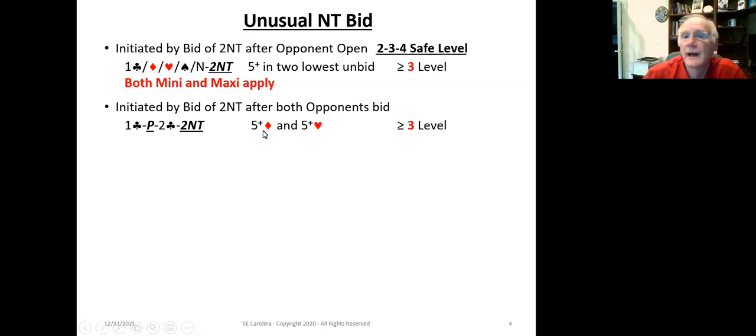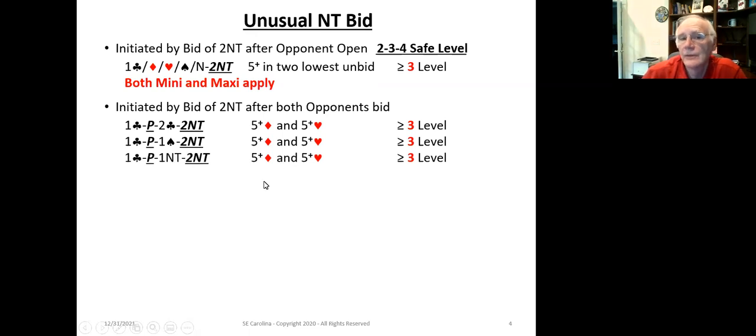This would show 5+ diamonds and 5+ hearts, and a 2-3-4 result greater than or equal to 3. In the second example, they bid 2 different suits, 1 club and then 1 spade. The 2 unbid suits are diamonds and hearts. You bid 2 no-trump, showing 5-5 in those 2 unbid suits.